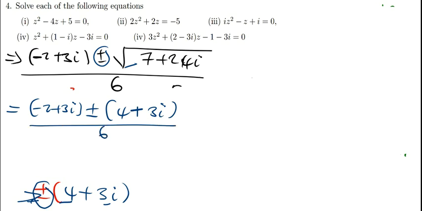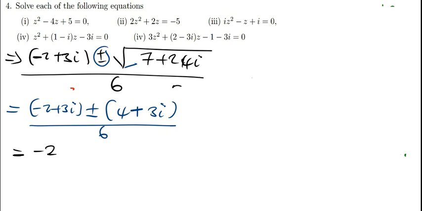Now I can open the brackets: negative 2 plus 3i, then use plus, so plus 4 plus 3i, everything divided by 6.